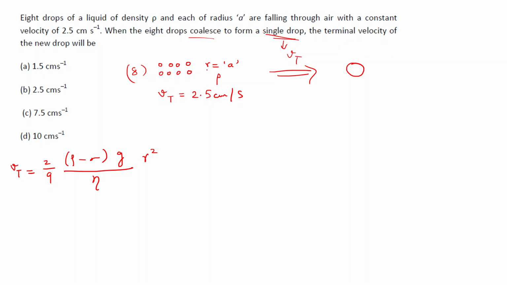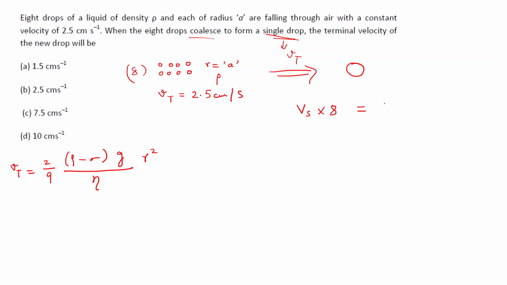Since volume of these 8 small drops is equal to volume of this big single drop, we can equate these two volumes, right? I'll call this small. So volume of one single drop times 8 because there are total 8 of these drops.